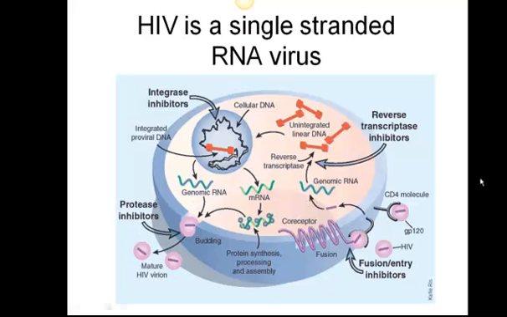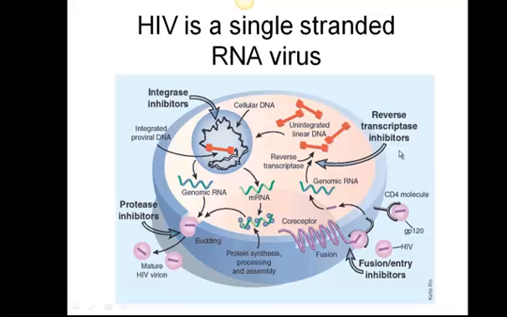So this is just showing another diagram of our HIV virus and the major targets of our drug molecules. So we've been talking about our reverse transcriptase inhibitor blocking the pathway for the formation of the genomic RNA into the double-stranded DNA molecule, and then integration into the host chromosomal DNA.